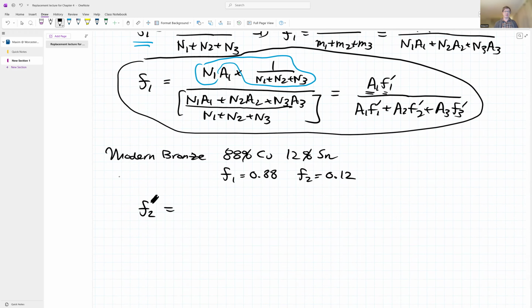Then this is going to be the fraction by weight, and we want to divide by the atomic weight of tin, and then this is going to be F1 over A1 plus F2 over A2. So it's the same kind of example, I guess, but it'll be a slightly more interesting result because copper and tin actually have very different atomic masses.